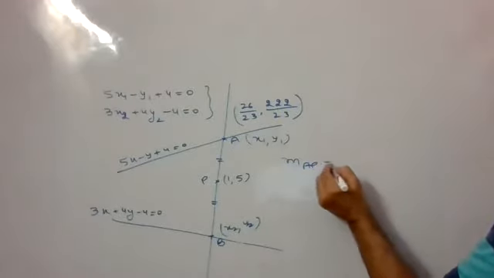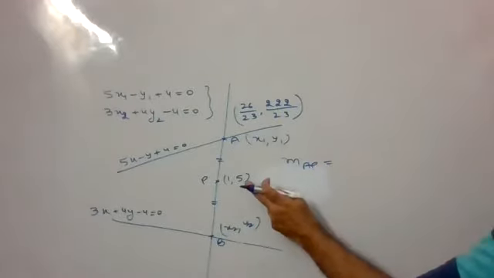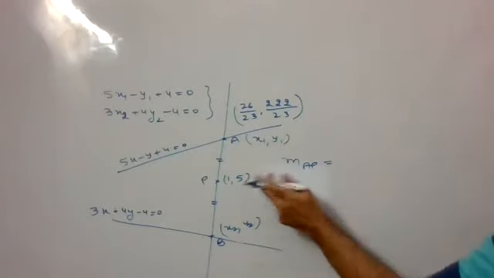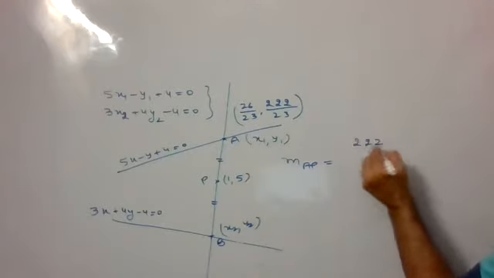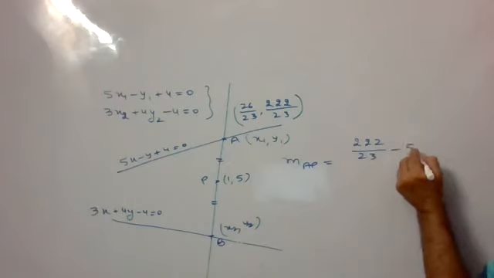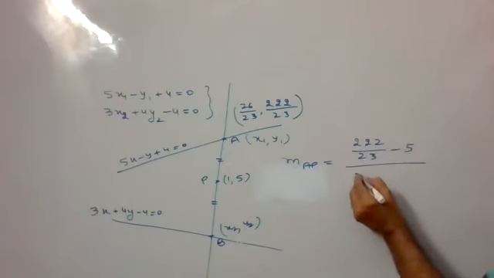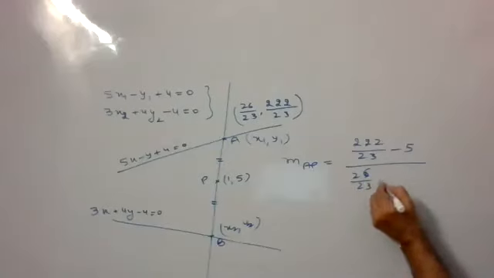Slope of AP is this minus this, that is 222 by 23 minus 5, divided by 26 by 23 minus 1.